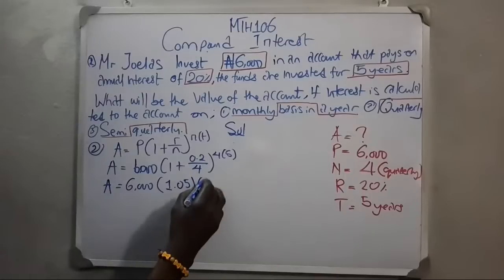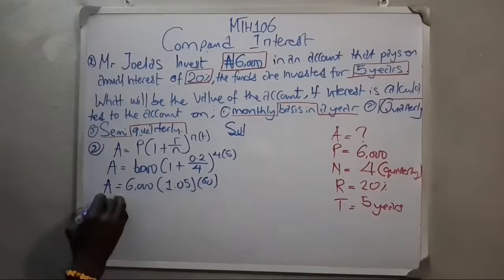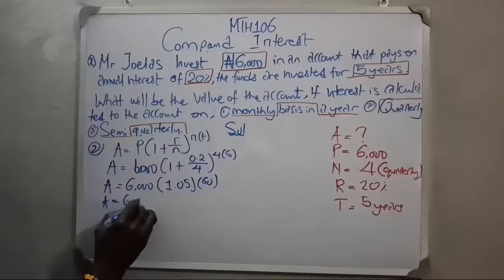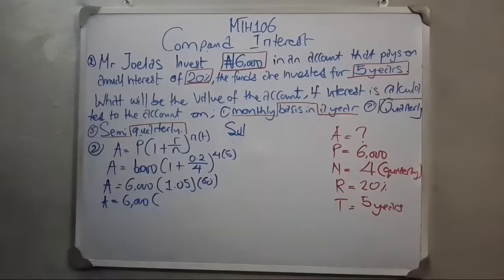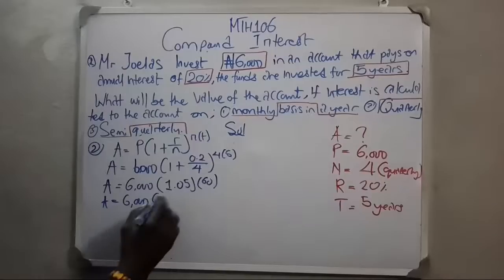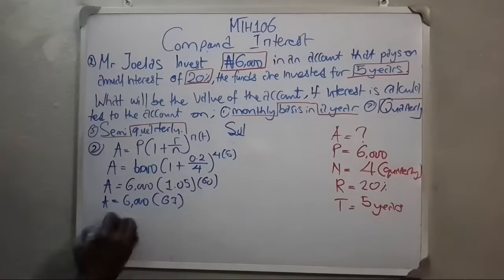And this should be giving us 60. So you have A equals 6,000, this multiplied by 60 should be giving us 61 or something. Okay, we have 63.